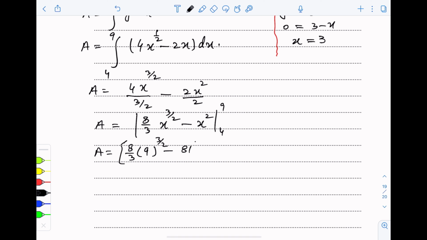This is the upper limit minus lower limit. In place of x, we will put 4. 8 over 3, 4 power 3 over 2 minus 4 square. Now we will simplify it.